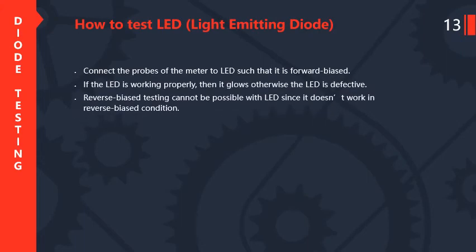Next, connect the probes of the meter to the LED such that it is forward biased. If the light emitting diode is working properly, then it glows. Otherwise, the LED is defective. Reverse bias testing is not possible with an LED since it doesn't work in reverse bias condition.